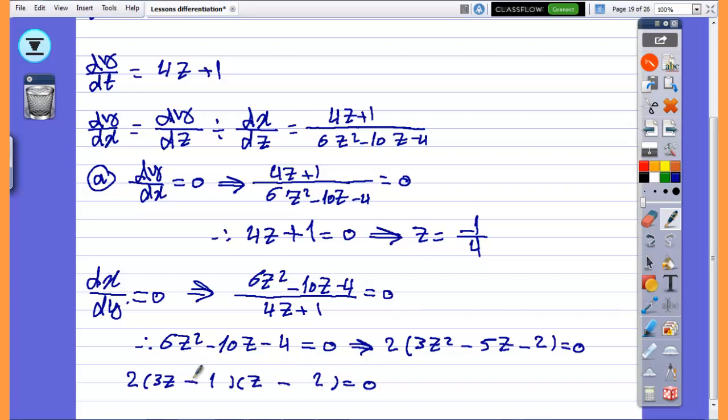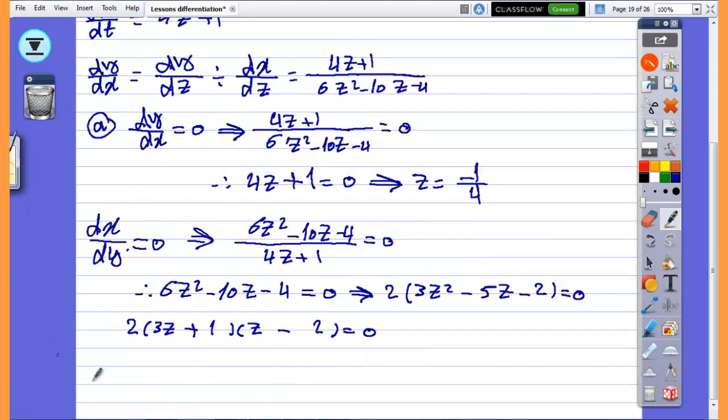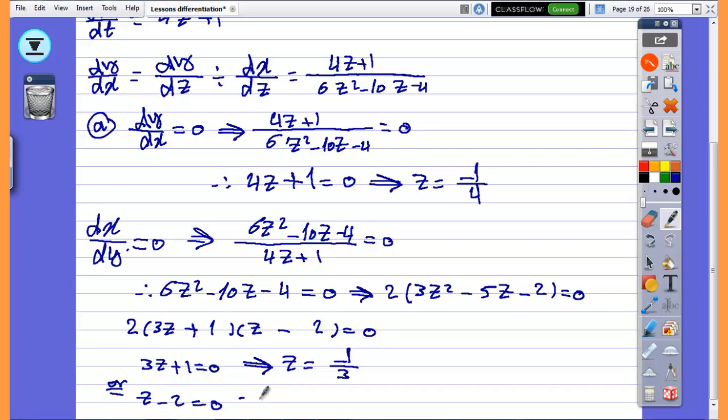Here is negative and here is positive. So 3z plus 1 equals 0, which means z equals negative 1 over 3. And when z minus 2 equals 0, it means z equals 2.